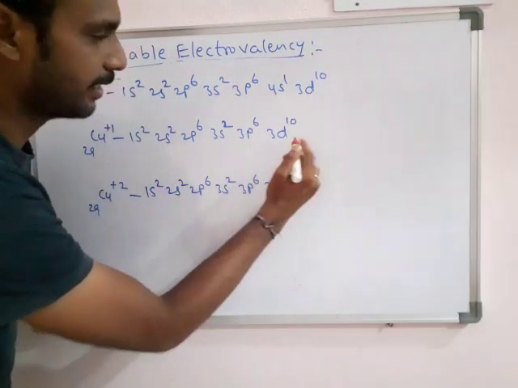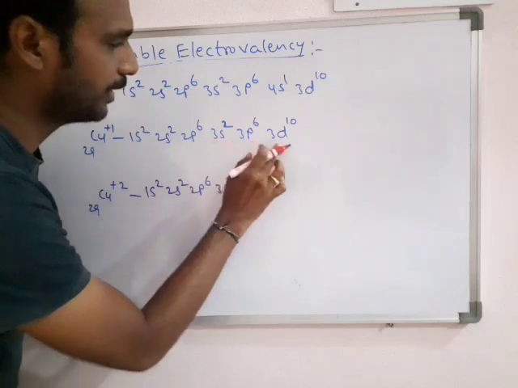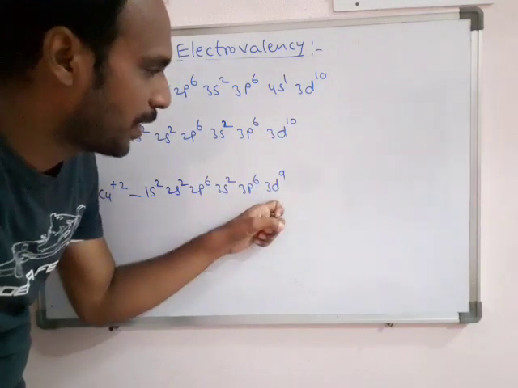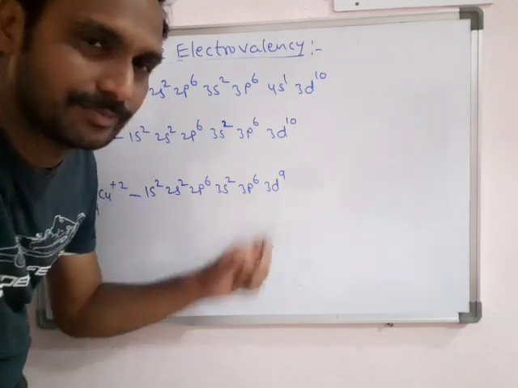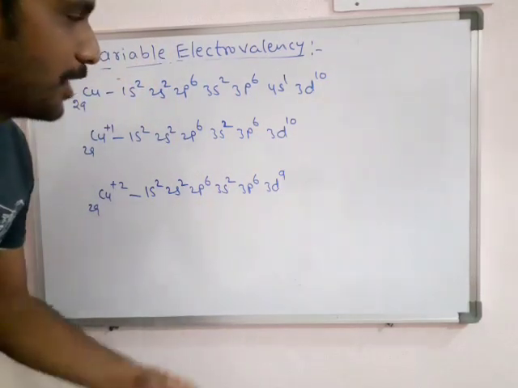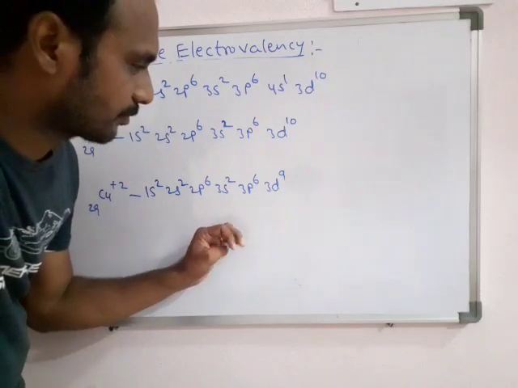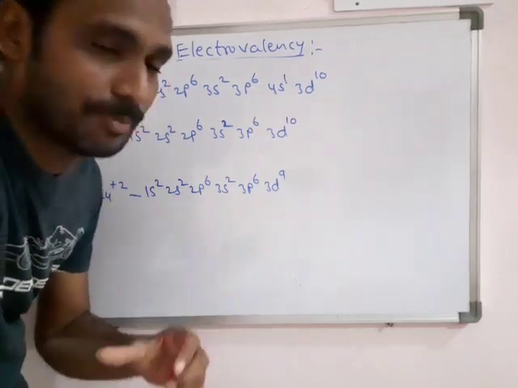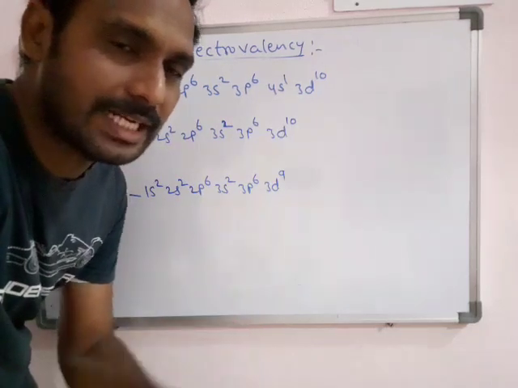So 3s2, 3p6, 3d10: here the valence fulfilled configuration is going to fulfill, not yet fulfilled, but according to some other conditions. That is why we said at the start that it depends on the conditions.